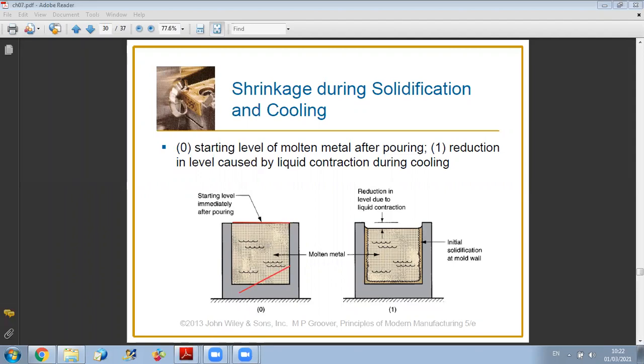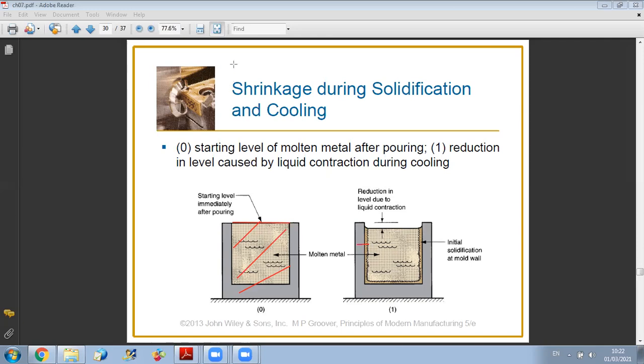What will happen directly after pouring? You will have contact between the relatively cool walls of the mold and your metal. So you will have a very high drop in temperature near the walls, because you will have heat transfer from the molten metal at the walls towards the envelope, which is the mold.